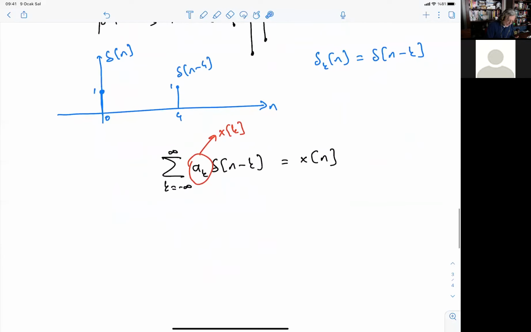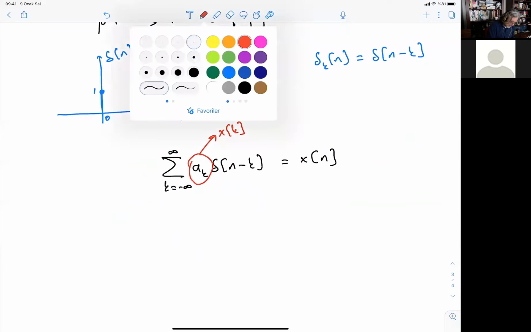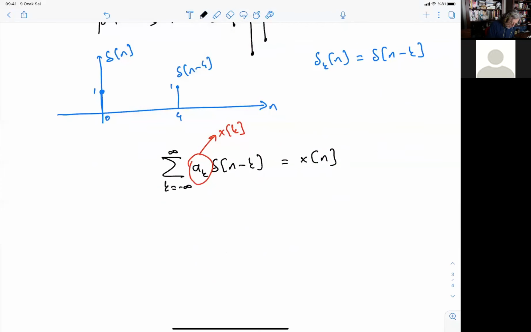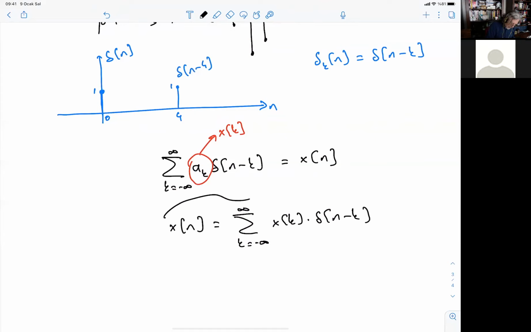So I will write it in the correct form as we know. X of n is actually the sum over k from minus infinity to infinity of x of k times delta n minus k, which is a formula that we know from signals and systems with the name convolution sum.